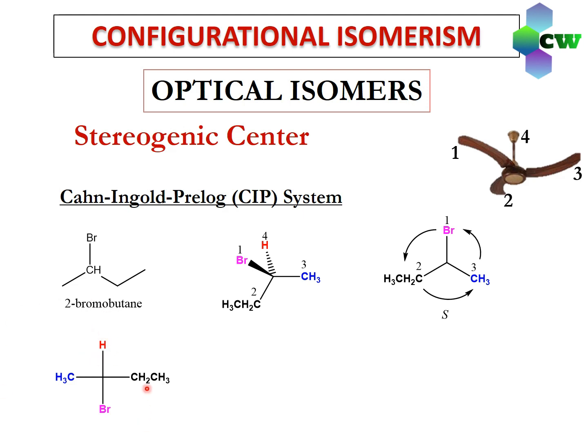Now if you look at this Fisher projection, this H is on the vertical axis, and anything on the vertical axis means it is projecting away from you or it is behind the plane. So we have drawn the molecule in such a way that H, or the lowest priority group, is already behind the plane, right? So you can find absolute configuration from here.